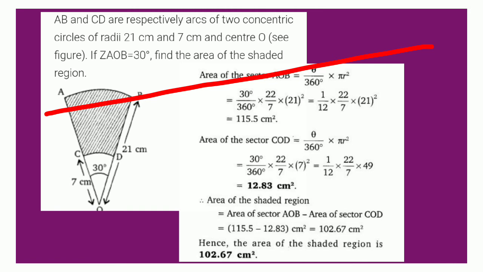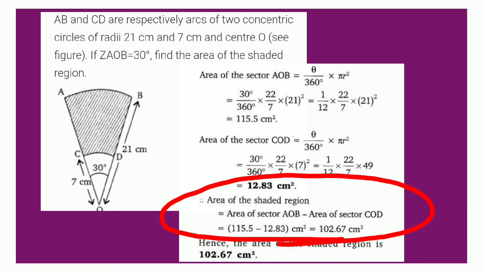The next question: AB and CD are respectively arcs of two concentric circles of radius 21 cm and 7 cm and center O. If angle AOB is equal to 30 degree, find the area of the shaded region. So the area of the shaded region is equal to the area of sector AOB minus the area of sector COD.